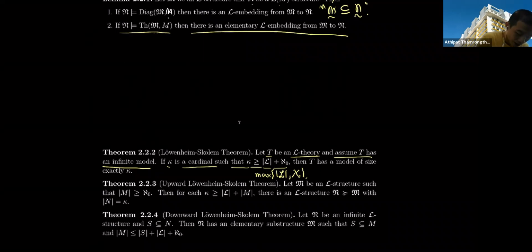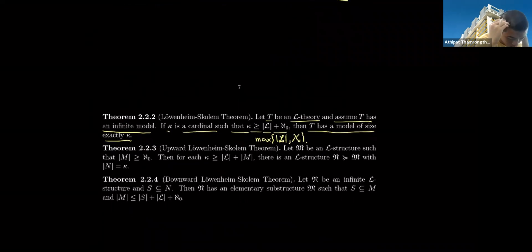Okay. And if you have this, then you can construct a model of T of size exactly kappa. Okay, so that's the Löwenheim-Skolem theorem. If T has an infinite model, and kappa is a cardinal that is larger than the cardinality of L plus aleph naught, then T must have a model of size exactly kappa.